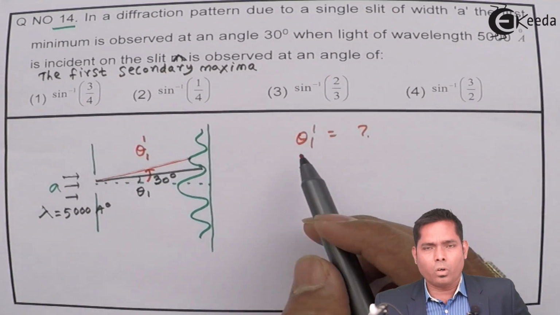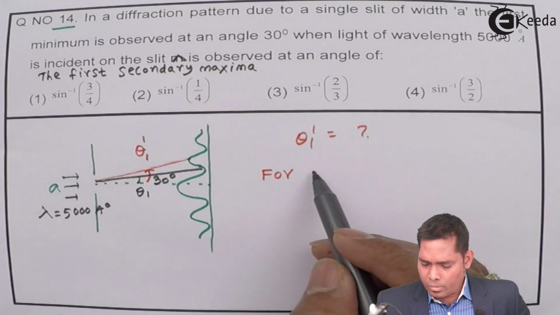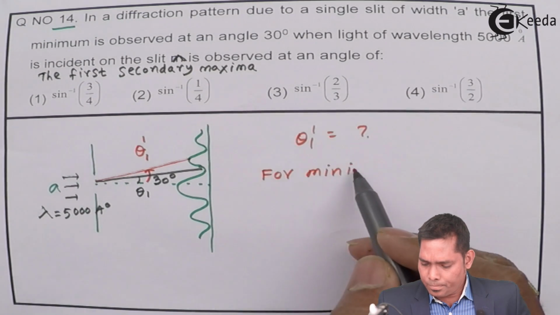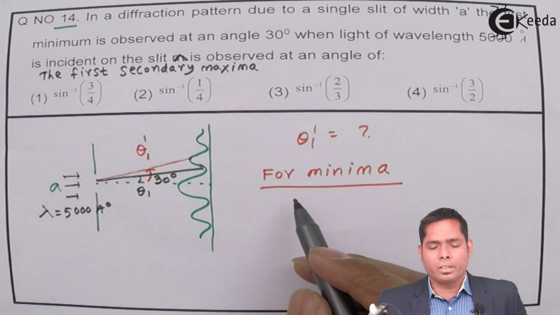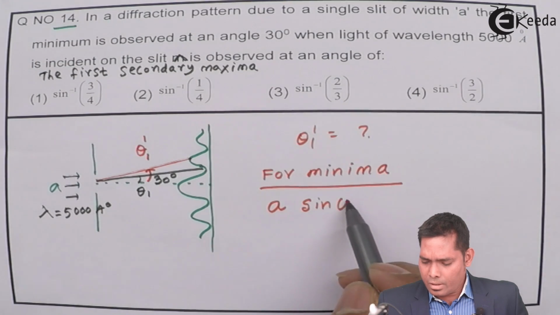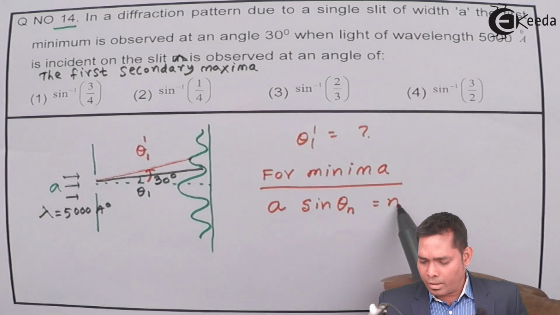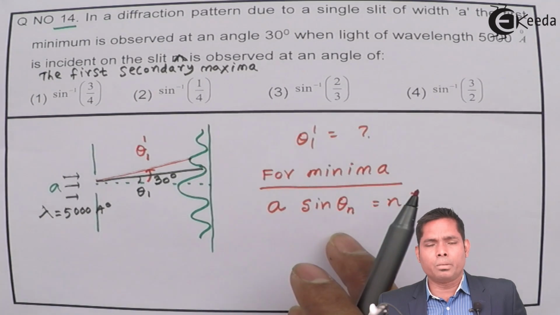Now we know that for minima, the general expression for the condition is A sine theta n equals n lambda. This is the condition for minimum.